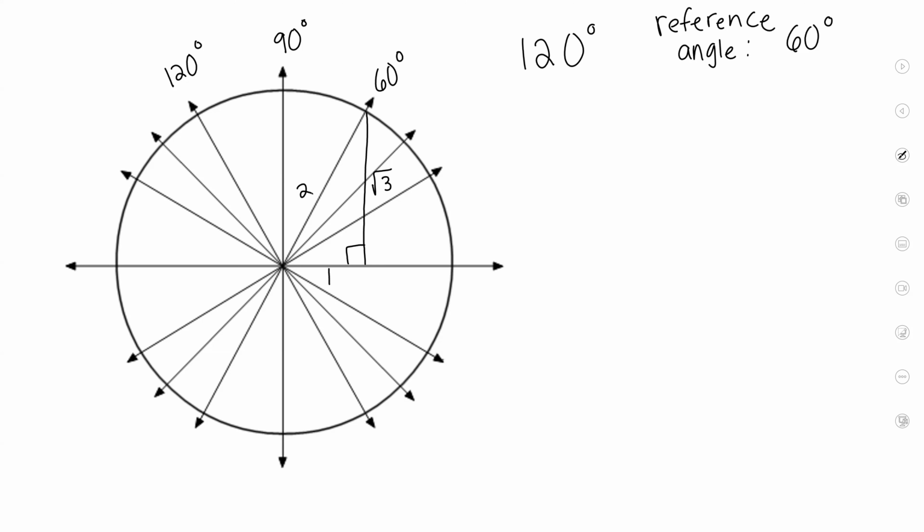So for my reference angle, sine of 60 degrees I know is square root of 3 over 2, and the cosine of 60 degrees is 1/2. That means for my 120, sine of 120 is also square root of 3 over 2.